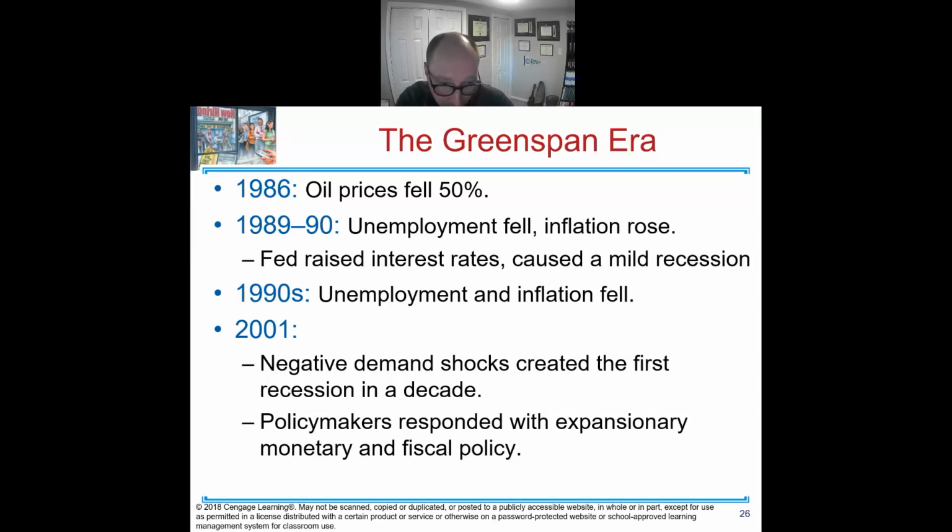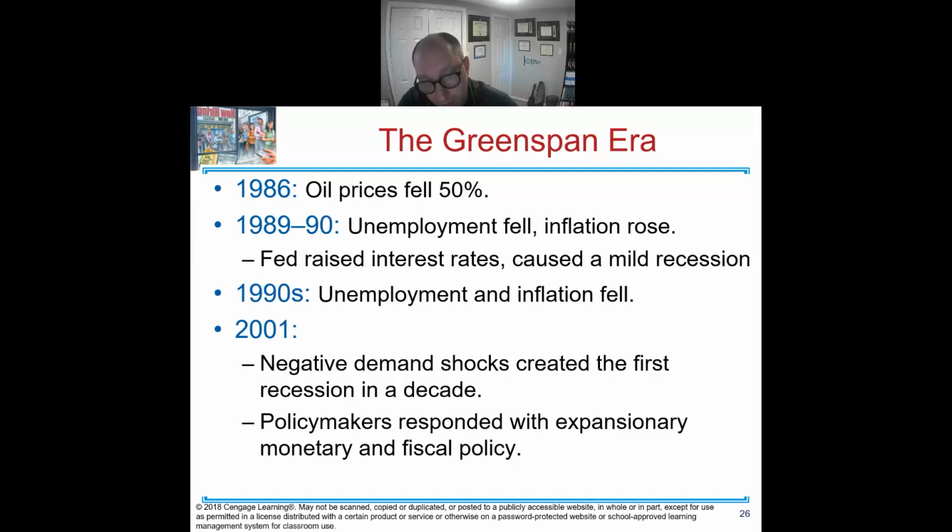2001 rolls around. We had shocks to our economy during 2001 as a result of the events that occurred on 9/11, the terrorist attacks on our country. And these shocks led to a dramatic recession that lasted for about 10 years, to some degree. I mean, the economy came back for a couple of years, especially during the dot-com era.